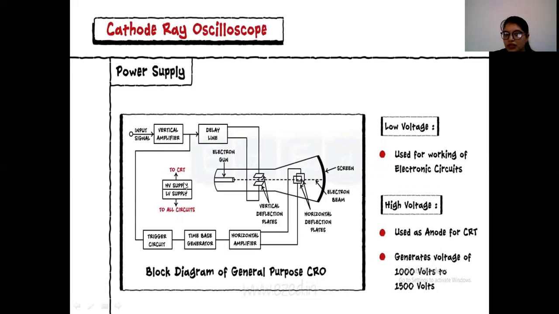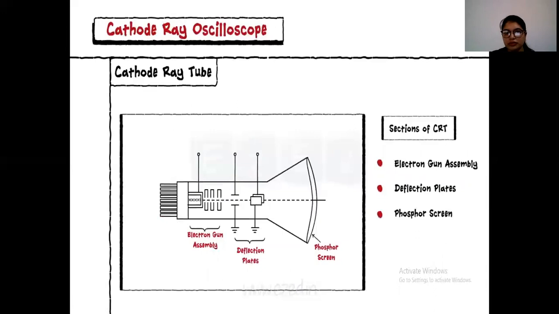So low voltage is provided for all the electronic parts, electronic circuits or electronic components attached in the CRO, and high voltage is provided to the anode of CRT, and it will generate a voltage of 1000 volts to 1500 volts. Anodes are connected here. We will discuss it later on when we learn about the detailed function of CRT.